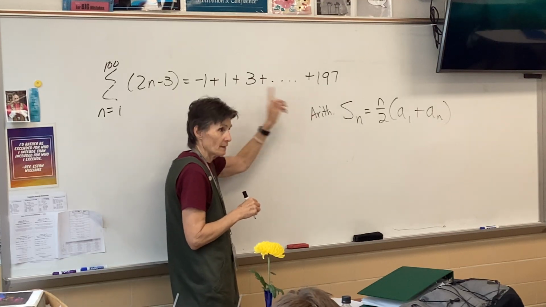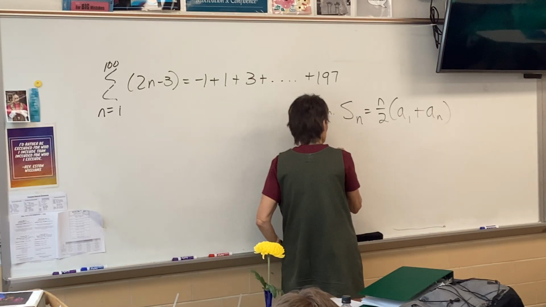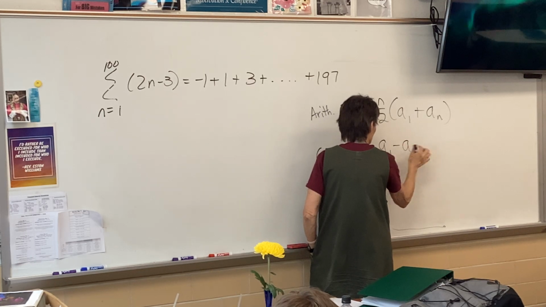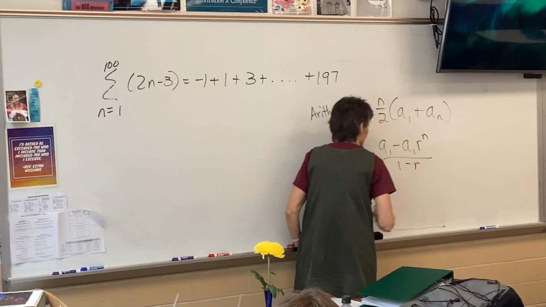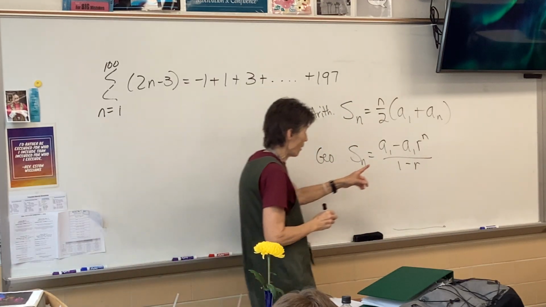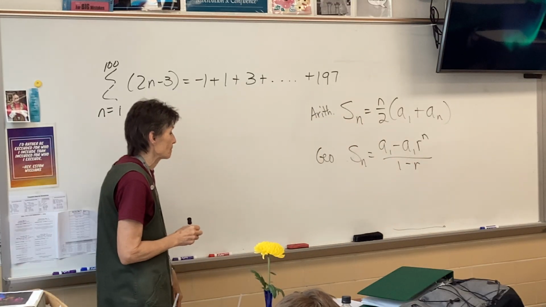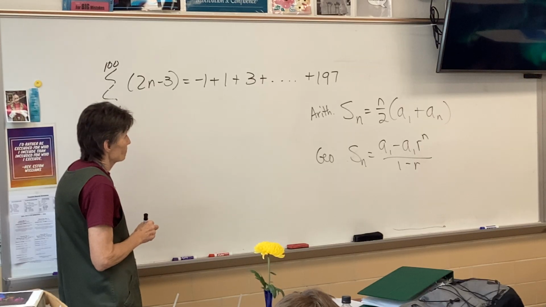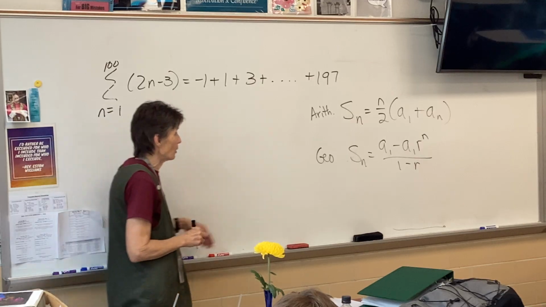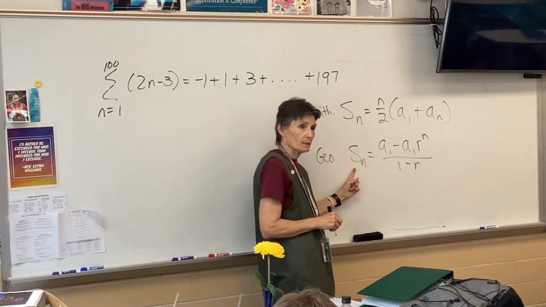This is the formula I'm going to be using in a minute. But I'm going to go ahead and give you the geometric one. Notice the R there, that's your clue, that's geometric, it has a ratio in it. So again, you don't have to memorize those, I'll give them to you, but you need to know this is your arithmetic sum, and this is your geometric sum.